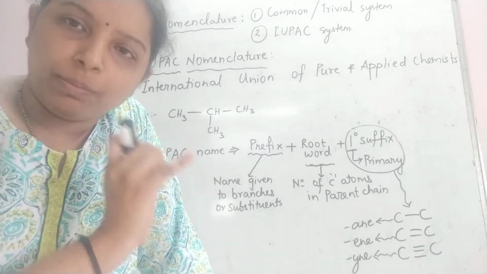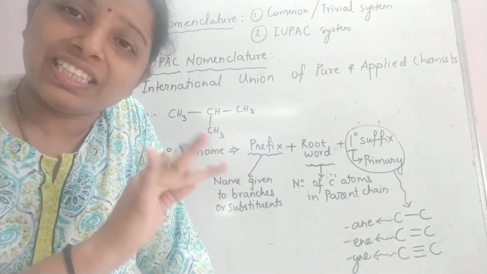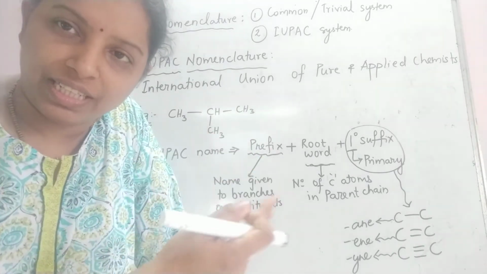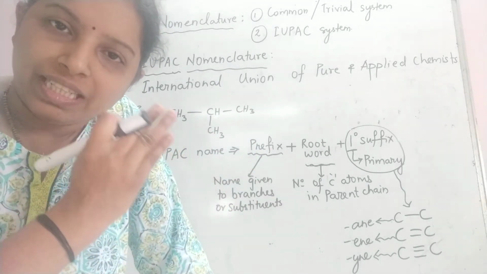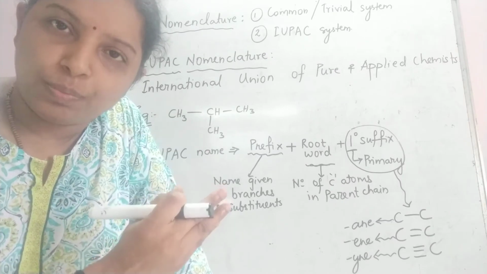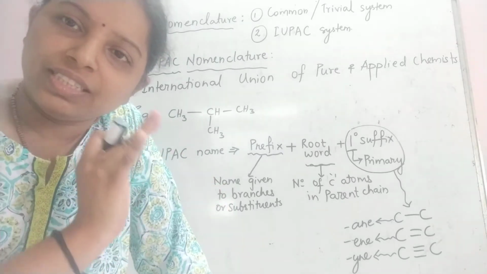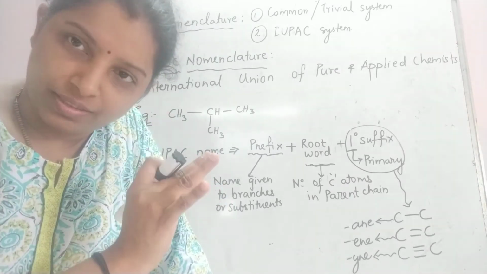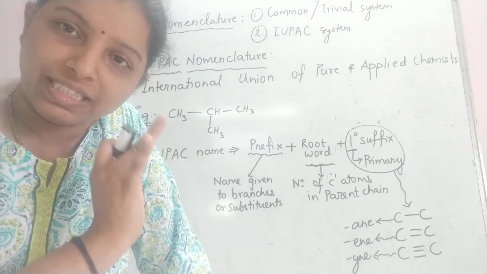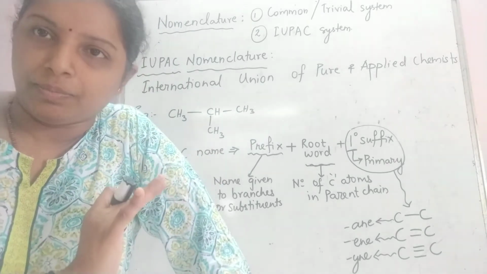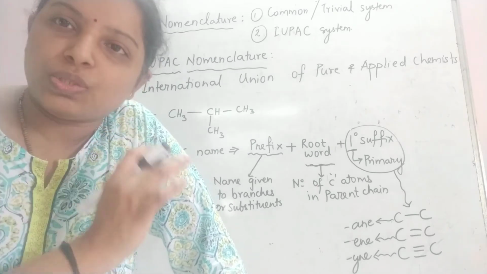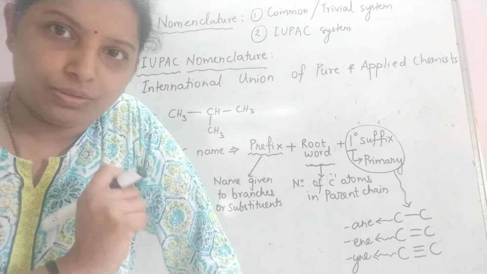So may it be a double bond, triple bond or any other functional group that we are going to study in the later part of the chapter, the names of all these active groups are considered as suffixes. They are always written as suffixes when we write the IUPAC name. There are a few exceptions to this, and we are going to learn about that also.